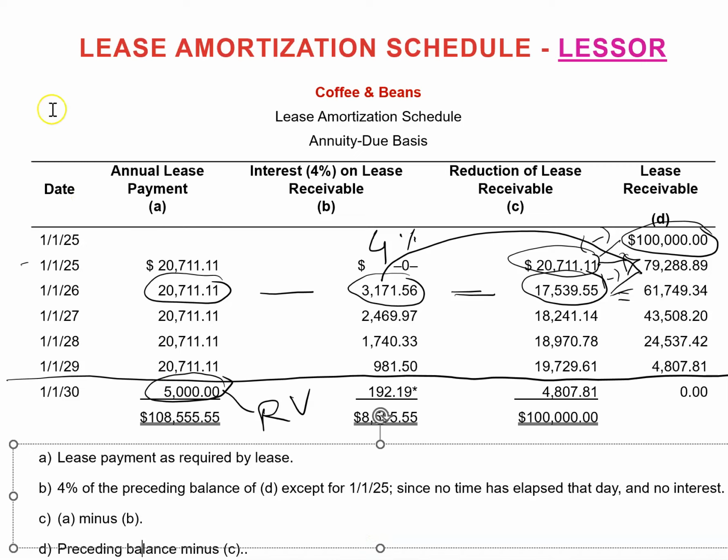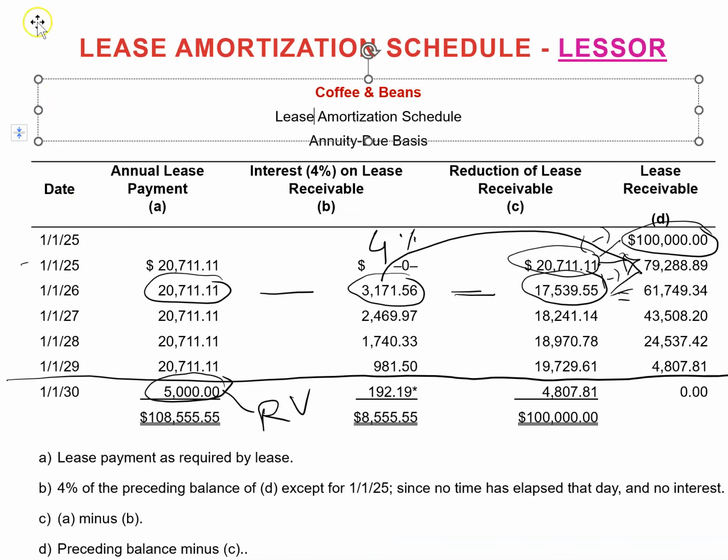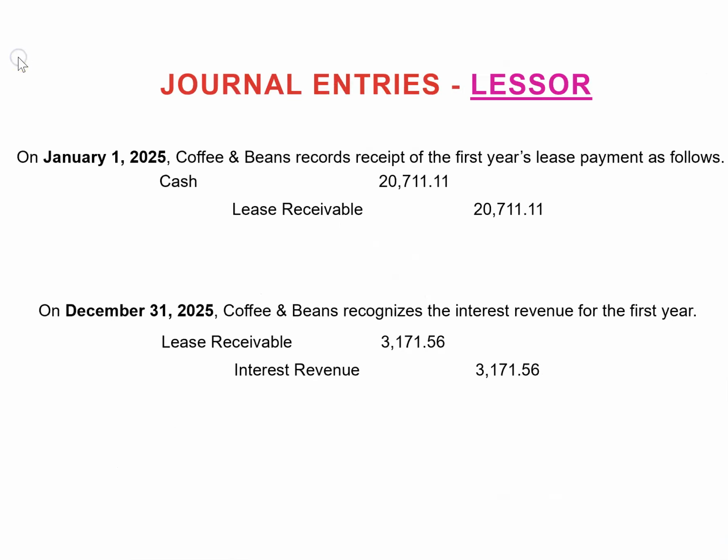Now we will see here few other journal entries. So here, this is the first lease payment the lessor is receiving. Remember, every year the fixed rental payment is the same, or installment. So on January 1st, 2025, cash debit 20,711.11.